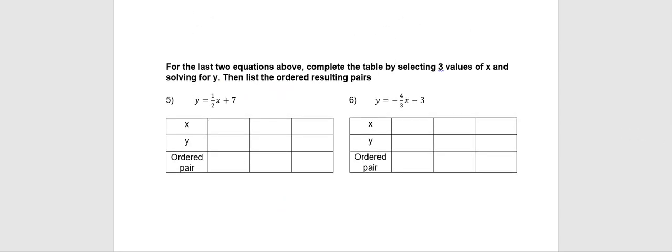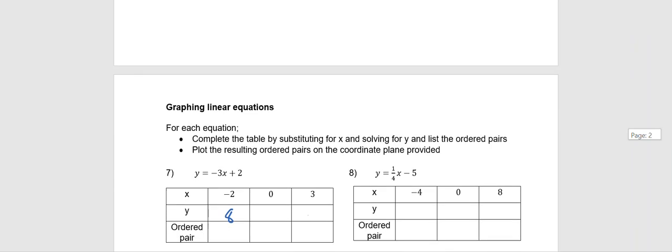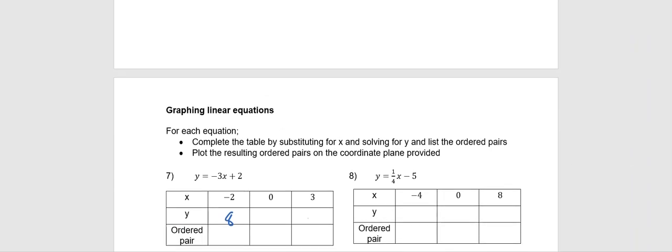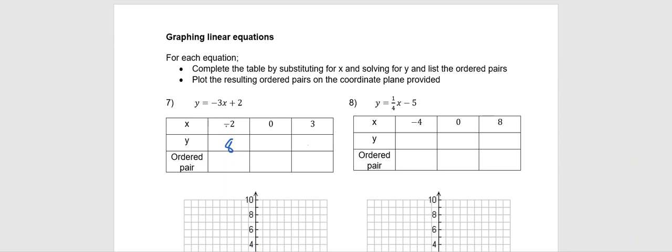All right, so let me do that again. We put -2 in, we multiply by -3, add 2 to that, we get 8. That is an ordered pair. Remember, this is our x coordinate, which always comes first, so it would be -2. And what came out after solving for y is our y coordinate, +8.